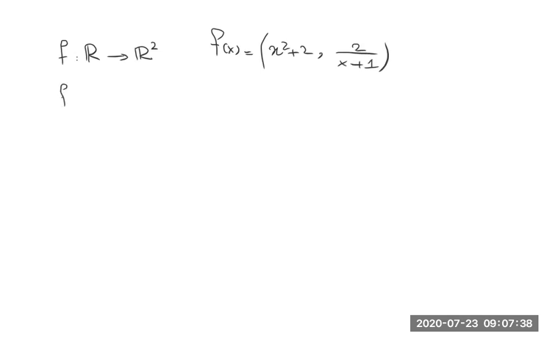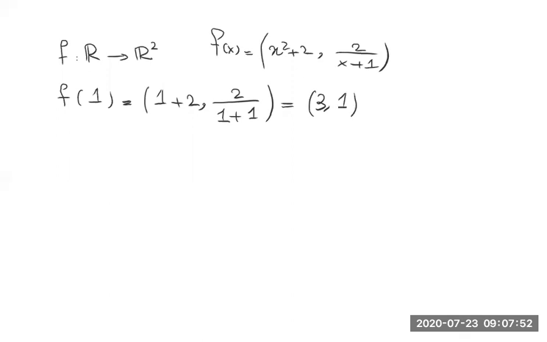So for example, if f is a function from R to R2, like f of x equals, it should have two components. So for example, consider this one. The value of the function at each point is a vector. For example, f of 1 is 1 squared plus 2 and 2 over 1 plus 1, which is 3 and 1.